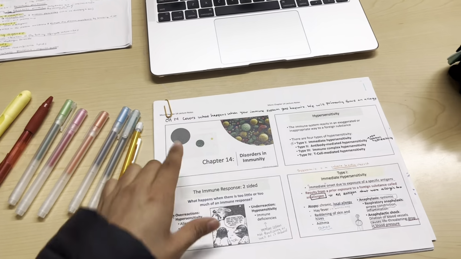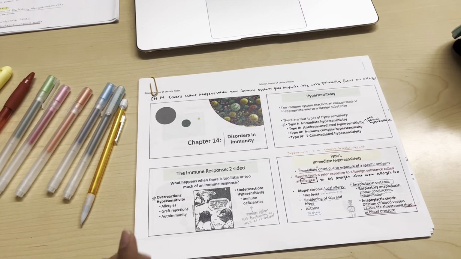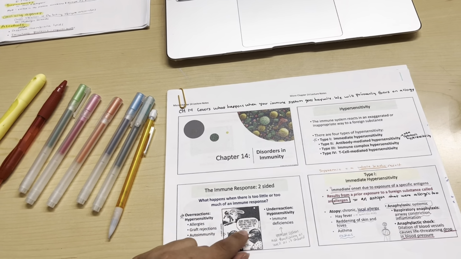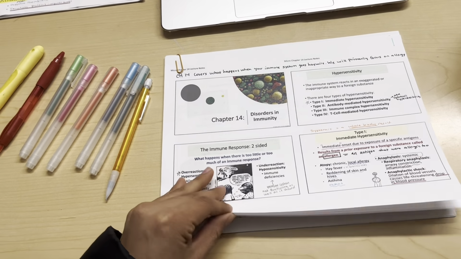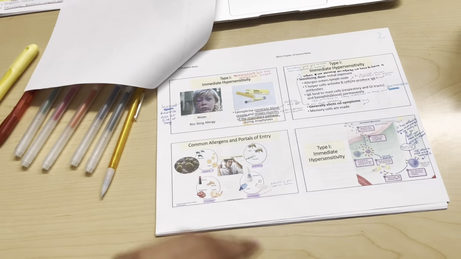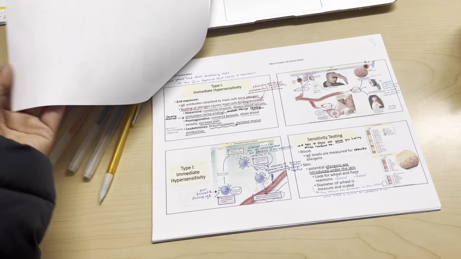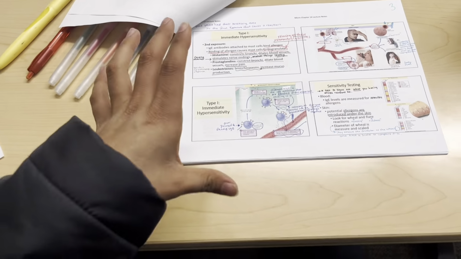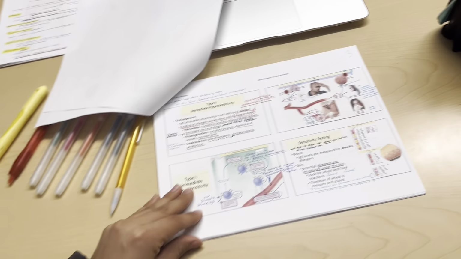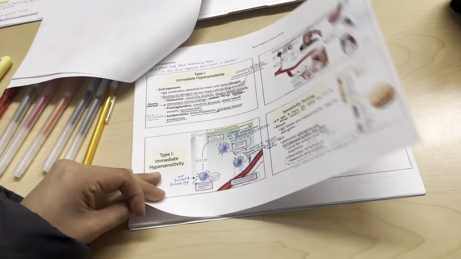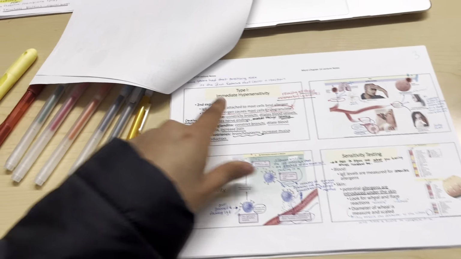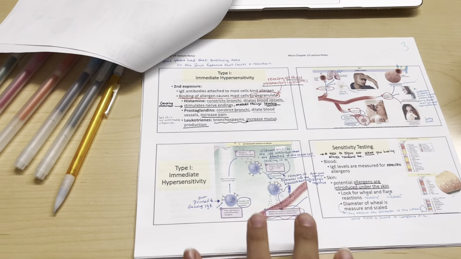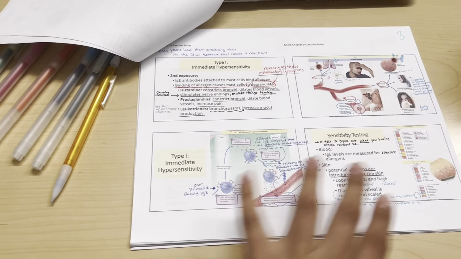But first of all, I like to do the printing out because instead of just seeing one slide at a time as you're going through the lecture, having 4 of your slides on one page can really help you see the bigger picture and a broader perspective. For example, it talks about type 1 immediate hypersensitivity, and you can see all these things related to it, and the 4 are in the frame.